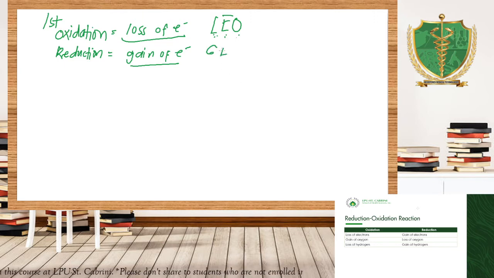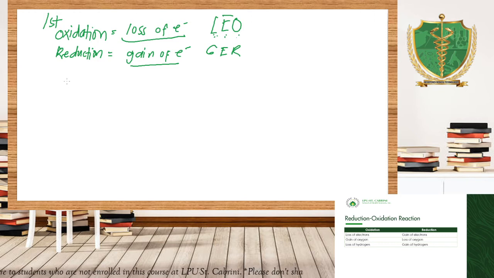Gain of electrons, reduction. Loss of electrons, oxidation. Okay? And take note that redox reaction is any reaction in which electrons are being transferred from one species to another.